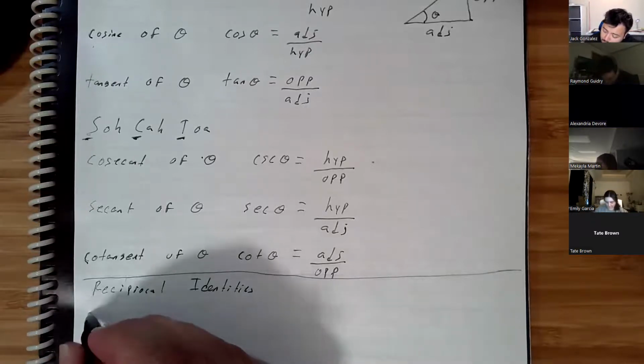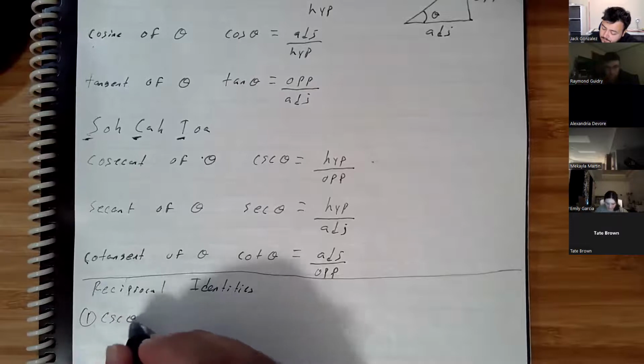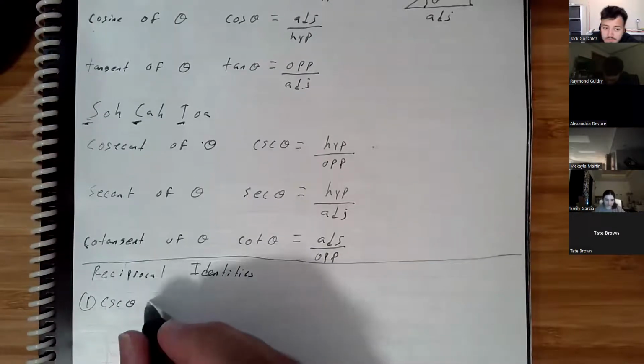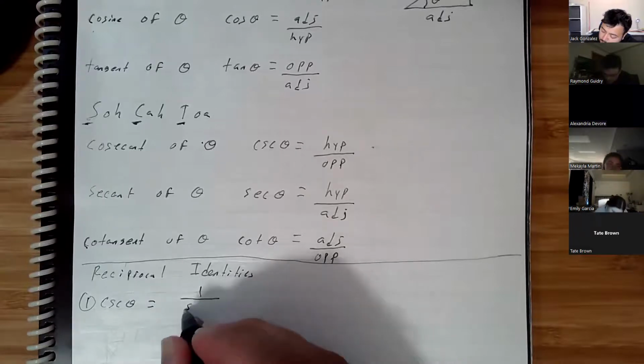Yeah, the first one, as we said earlier, cosecant of some angle is a reciprocal of sine. So that means that it's equal to 1 over sine.